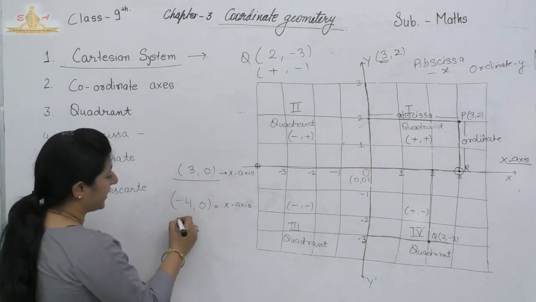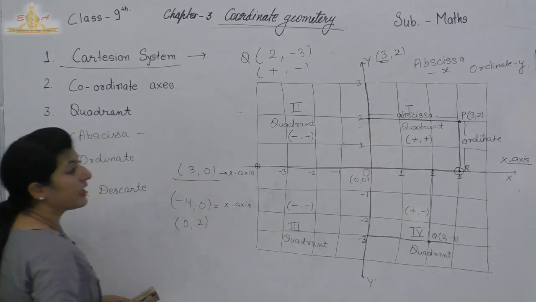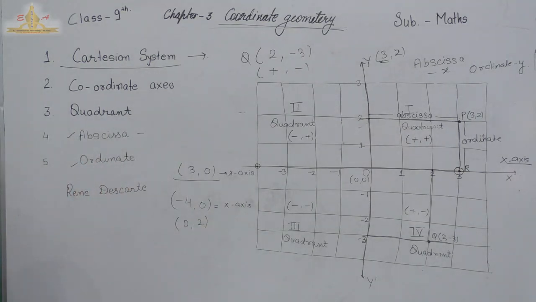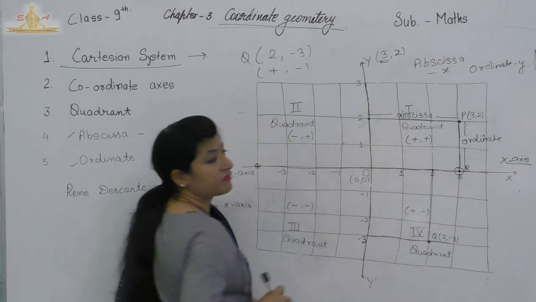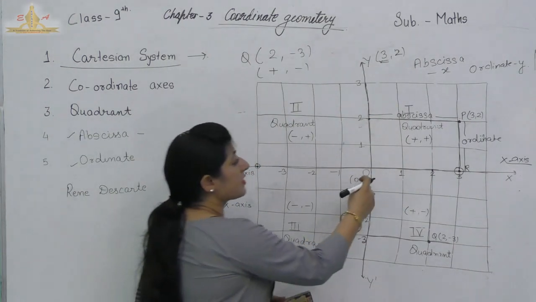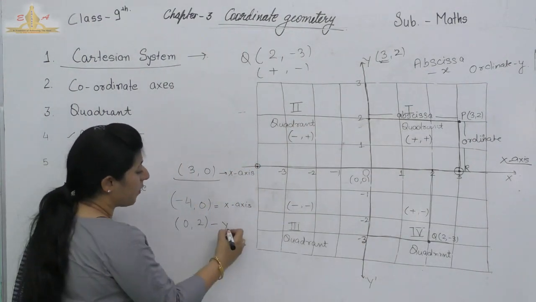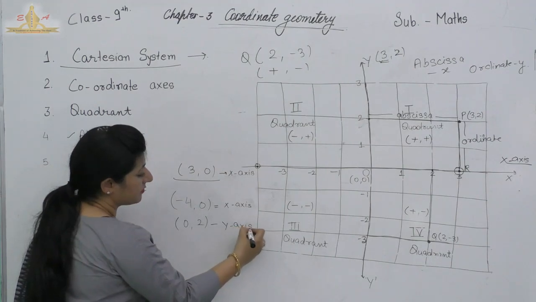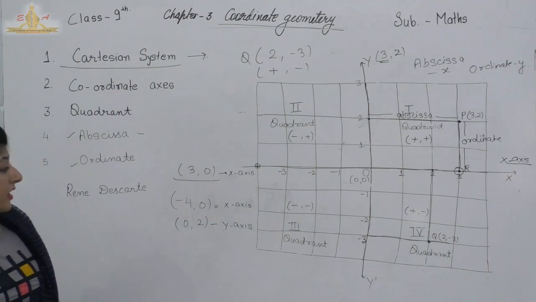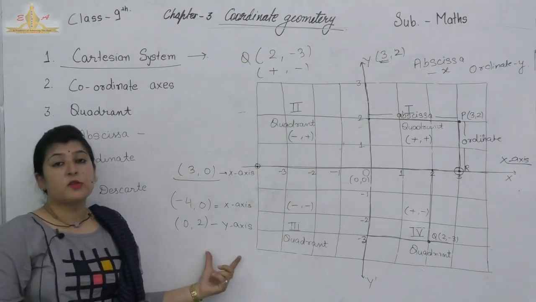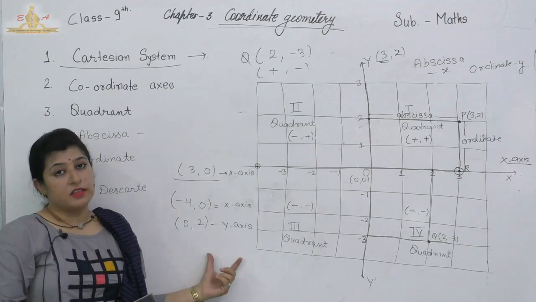Now we take the point (0, 2). On which axis does it lie? 0, 1, 2 here. It means this is the y-axis, so this point lies on the y-axis. If a point lies on an axis, it is not in a quadrant.